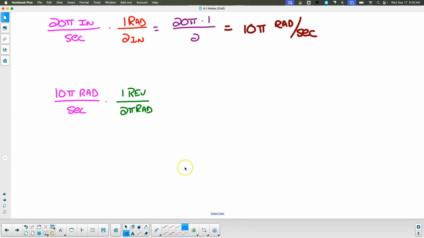It was in minutes, right? It was spinning in RPMs? Yep, in RPMs. Okay. And then I can multiply by 60 seconds is 1 minute. So now we get 10 pi times 60 divided by 2 pi is going to be, what is that, 300?